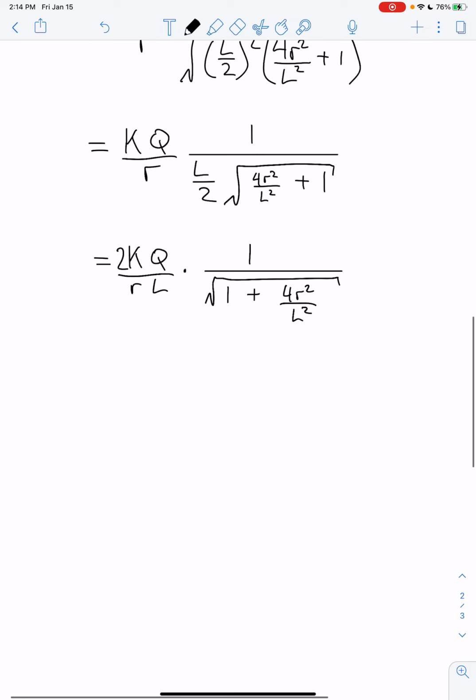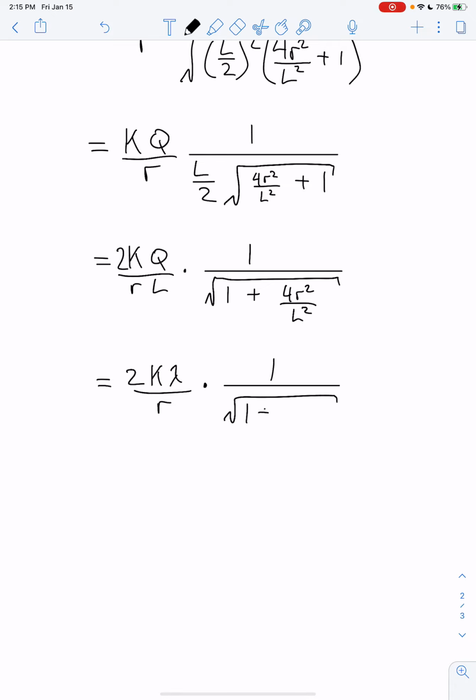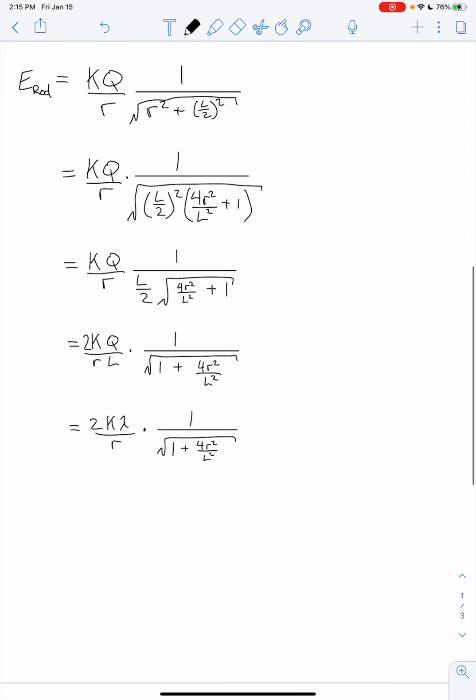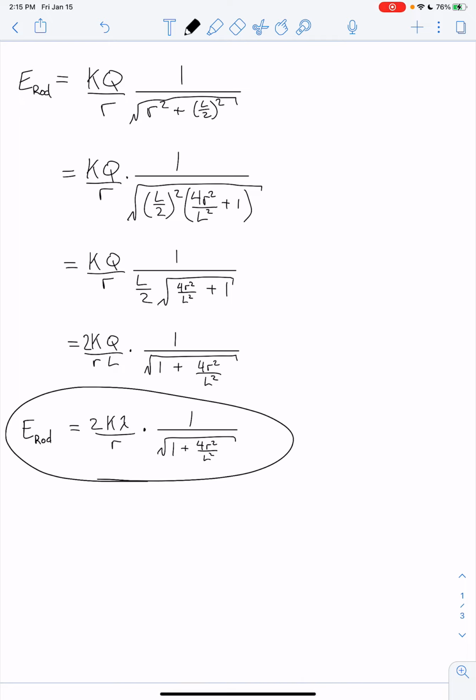Now we're able to convert that Q over L to our lambda term. So it's 2k lambda over r times 1 over the square root of 1 plus 4r squared over L squared. And there we go. That's what I think is a better equation for the electric field of that rod along that center line.